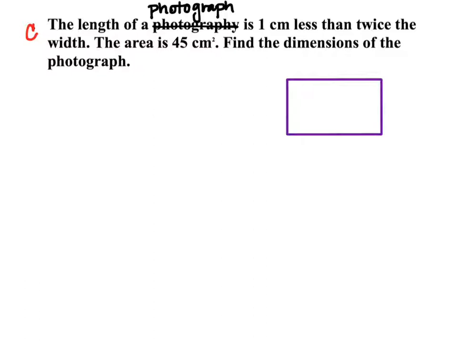So if I know that the length, and again that is my longest side, is 1 centimeter less than twice the width, I'm going to label the width as x and the length as twice, which is 2 times the width, and subtract 1 because it is 1 less than that.